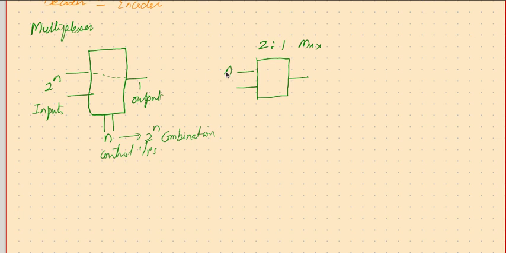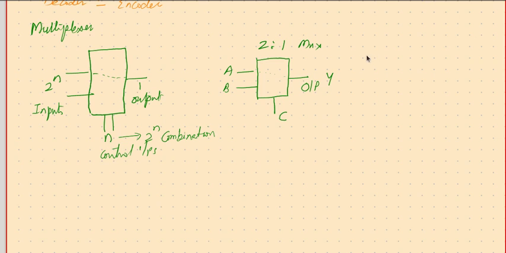Let me call this A, this B, and this is our output, Y. And there is a control input, because there are only two inputs, so there will be one control input. If this is 0, A is connected to the output, and if this is 1, B gets connected to the output.